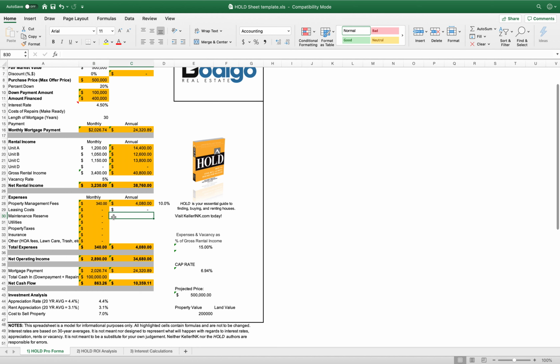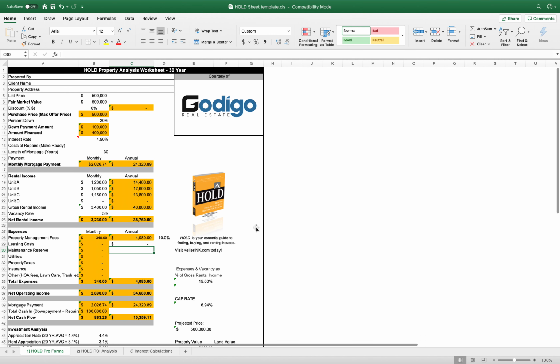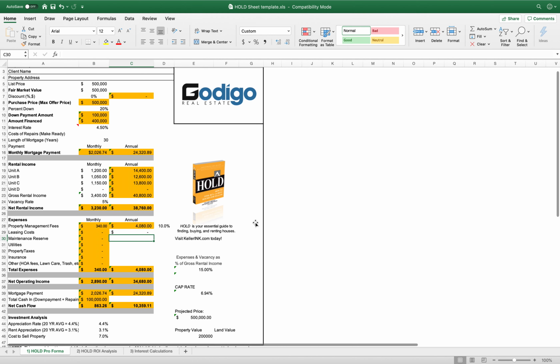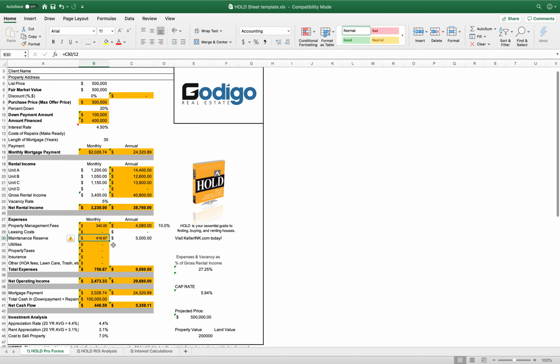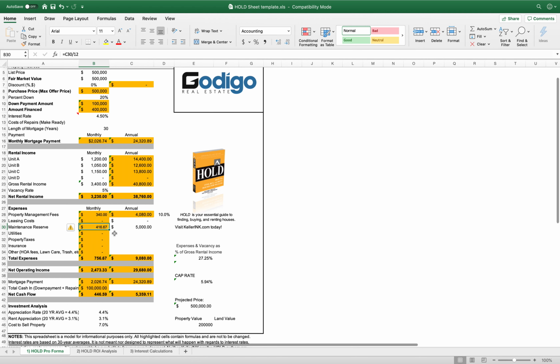For the maintenance reserve, I typically do about 1% of the price of the home. I like to be conservative here, so I just put 1% of the price of the home, and that ends up being saving about $416 every month.